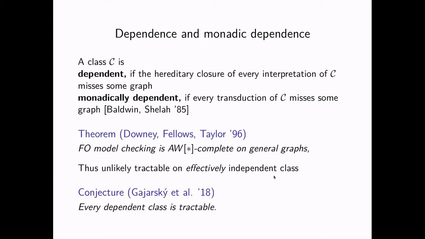And there is an optimistic but believable conjecture that on all the other classes, on classes that are dependent, you can find an FPT algorithm. So it's a conjecture that is probably a bit folklore, but it's made very explicit in a paper by Gajarský et al. And now I will say that the class is tractable as a shorthand for FO model checking is FPT on that class.